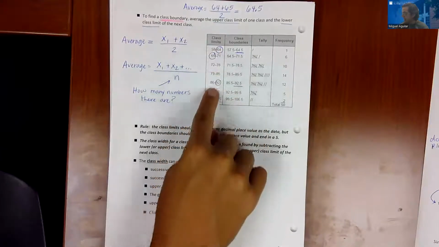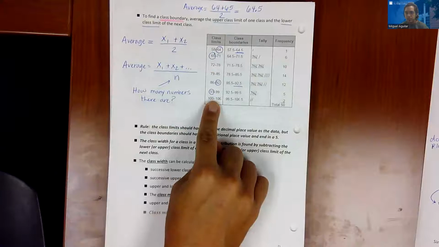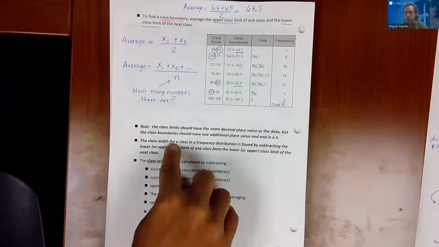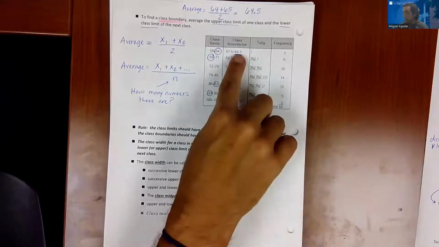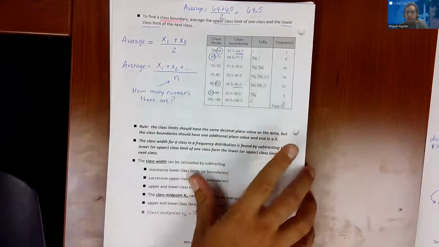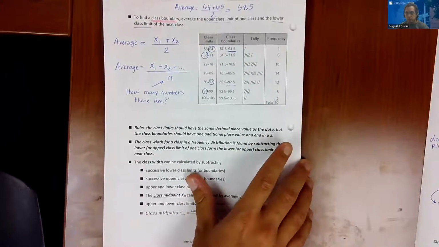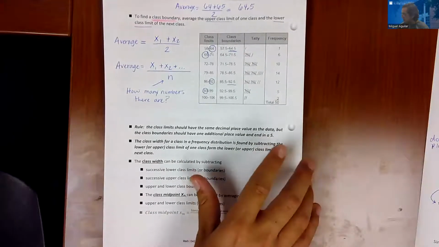Then the class limits will not have decimal values, but the class boundaries will have one additional place value and they will end in a 5. It's very similar to one of the rules that we saw in chapter 1.